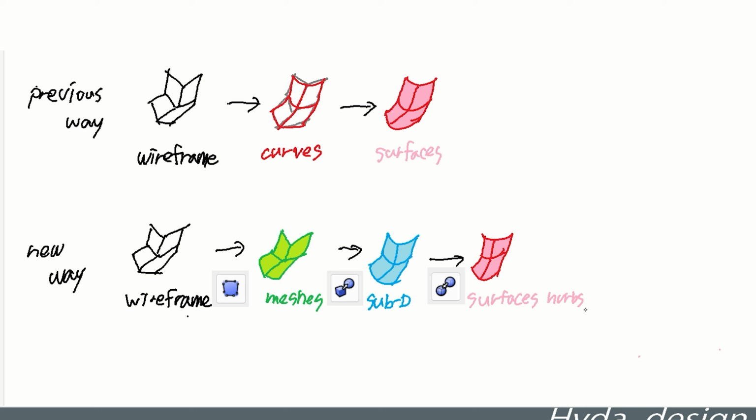With the previous method, it was only possible to tweak the shape at the wireframe stage. At that time, it was not intuitive because it was necessary to adjust the shape in a linear state.